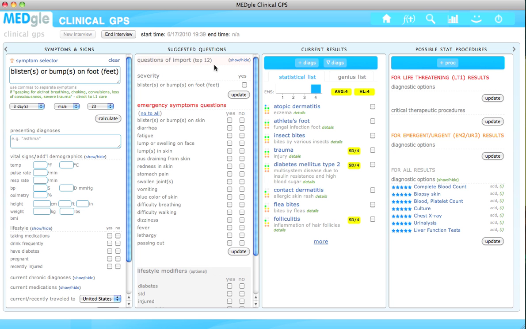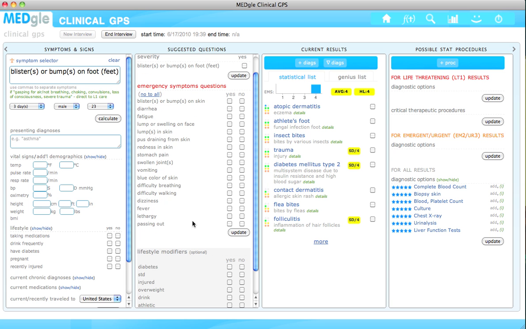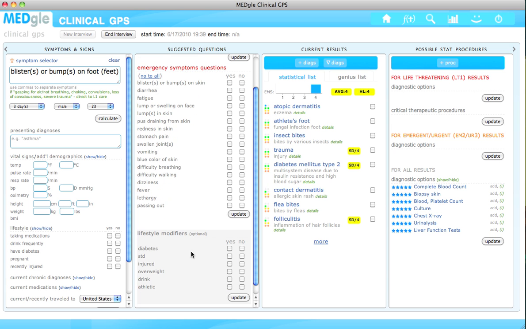Under suggested questions, it comes up with emergent symptom questions that will help us rule in or rule out emergency conditions, as well as lifestyle modifiers that are relevant. Do you have diabetes, STDs, injury, etc.? Here we come up with our current results, which shows us what potential diagnoses are relevant. Here we have a histogram which represents how our diseases are laid out with respect to emergencies.